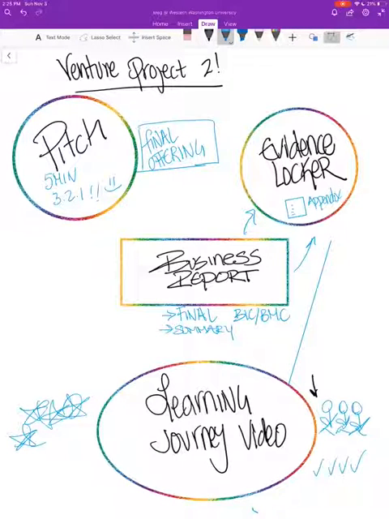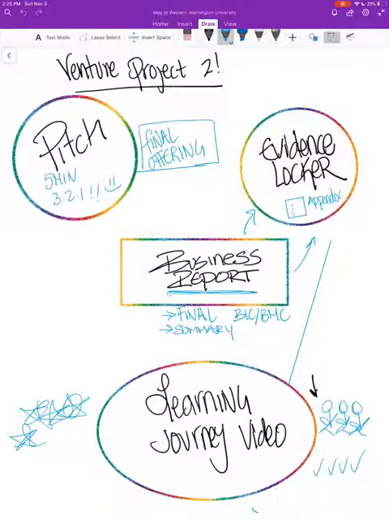It's more illuminating than the evidence locker, and it brings us through the learning journey video from a sense of the key takeaways, but it really focuses in again on that final offering that we have up here within the pitch, as well as learning a little bit more about how you might verbally summarize that.